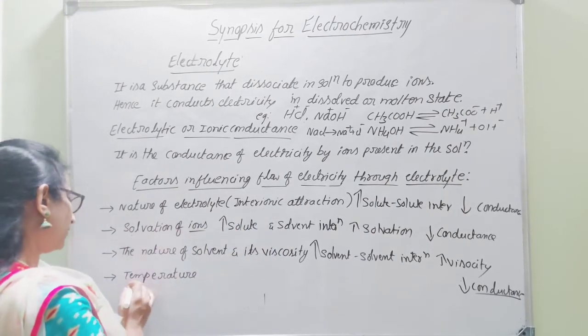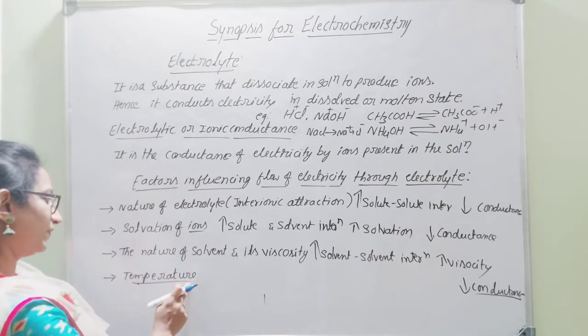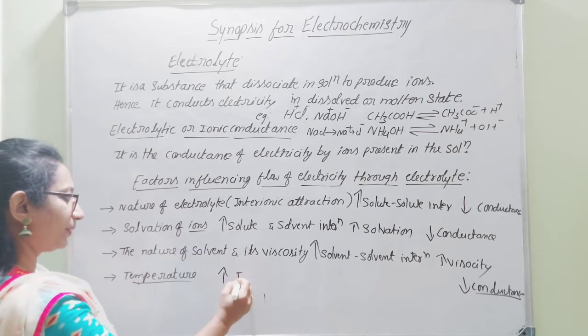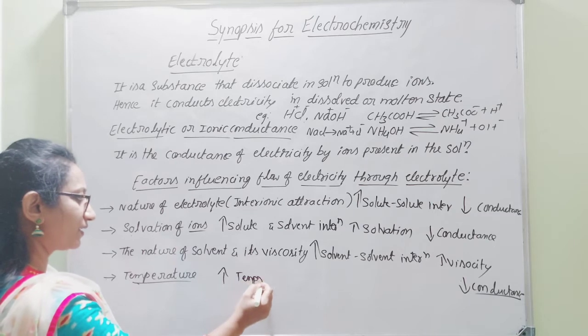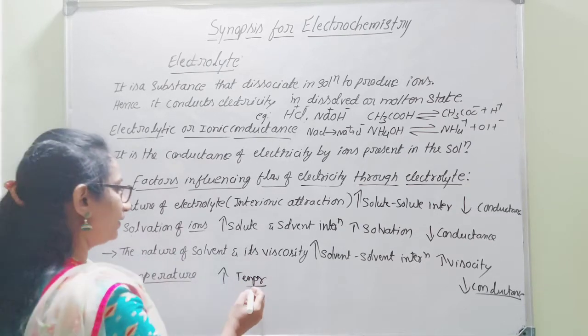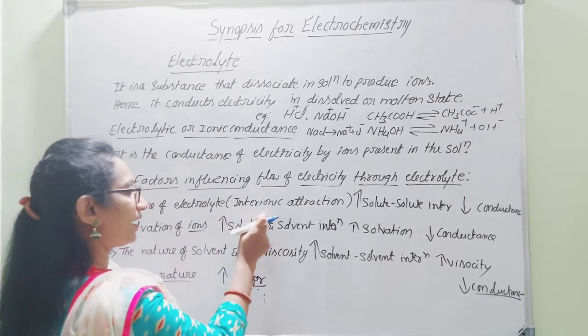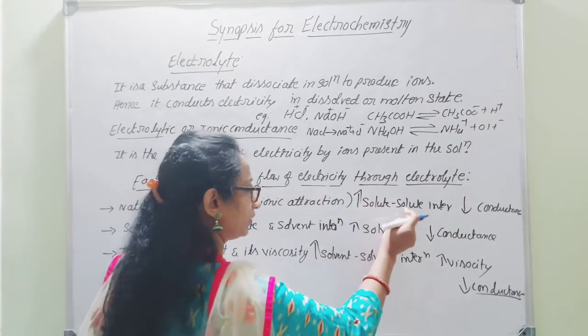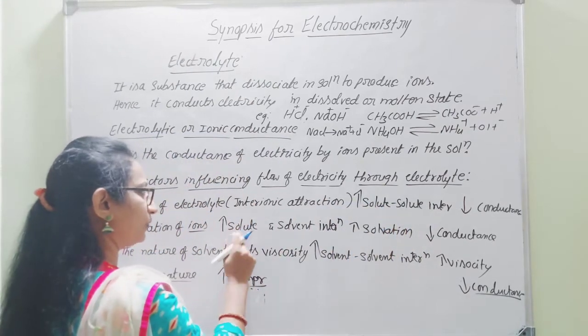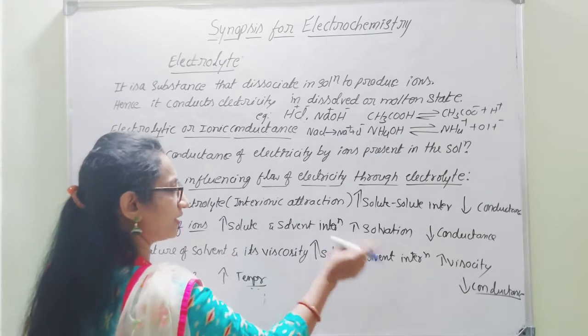And then if we come to the temperature, if there is an increase in the temperature, there will be a decrease in the interaction either between solute and solute, or between solute and solvent, or between solvent and solvent.